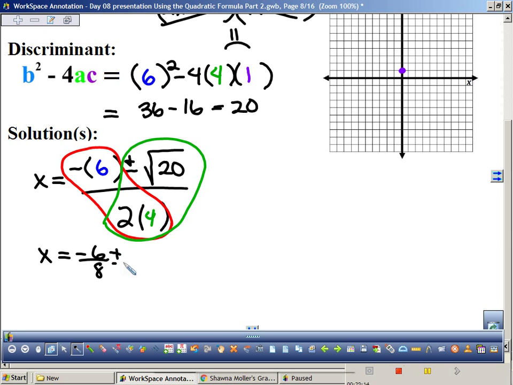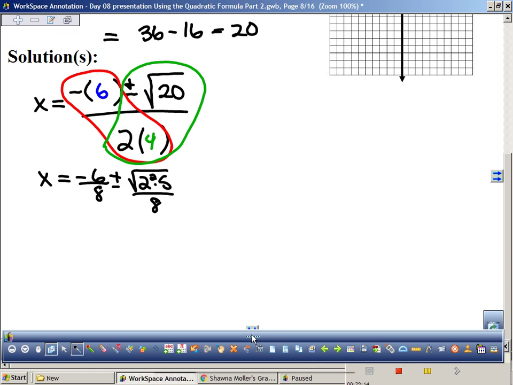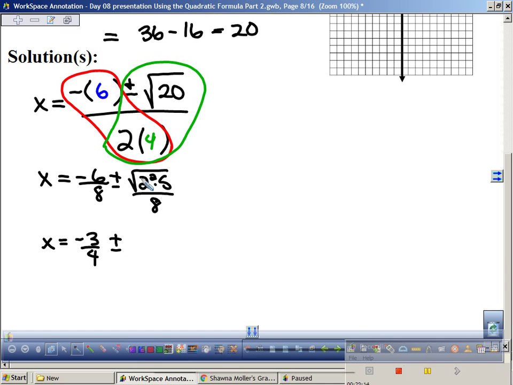The square root of 20 is, let's see, 4 times 5 is inside of there. So square inside of that would be 2 squared times 5 all over 8. Sorry. Hold on. I'm just letting people process. Don't ask questions yet. So x equals, if I simplify 6 and 8, I would divide both of them by 2, and I get negative 3/4 plus or minus 2 root 5 over 8.